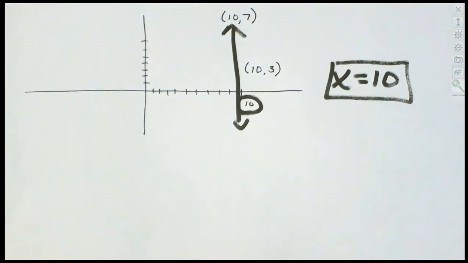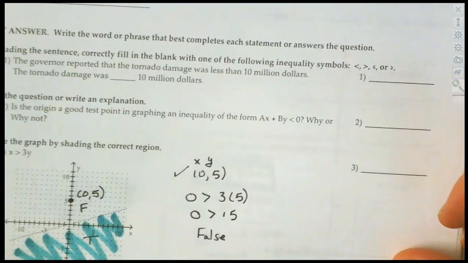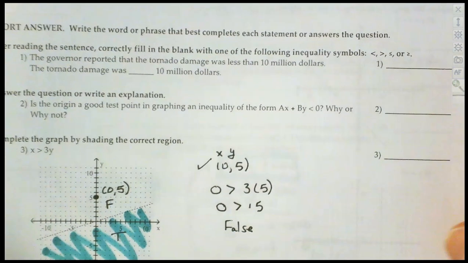Okay, so let's move on and work through some of these questions out of 3-6 next. We're going to look now at question number 2, and this is a thinking question. We need to see if we can check the origin, (0, 0).